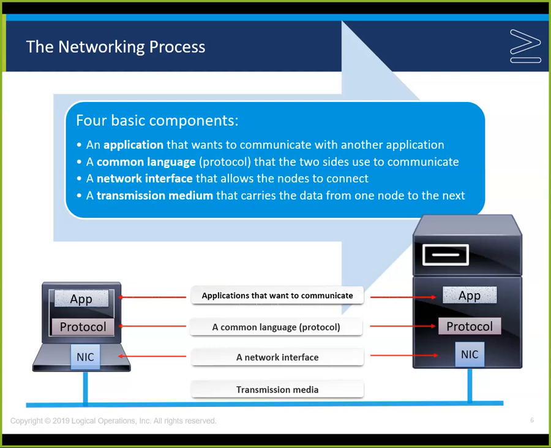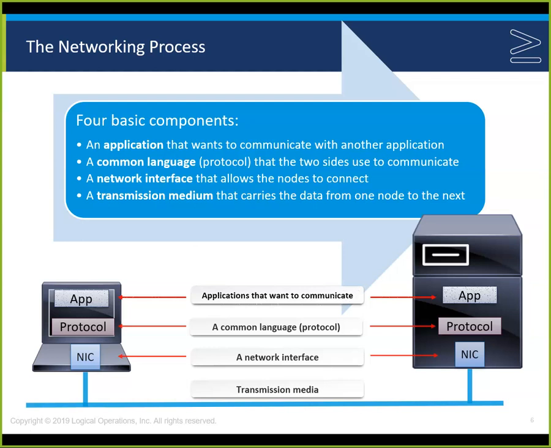The common language that we use to communicate on a network is TCP and IP, and HTML up at the application layer, so that the two sides can communicate. Network interface: I used an Ethernet card or a wireless card, or one time a telephone, to do these things. So the network interface allows the nodes to connect.